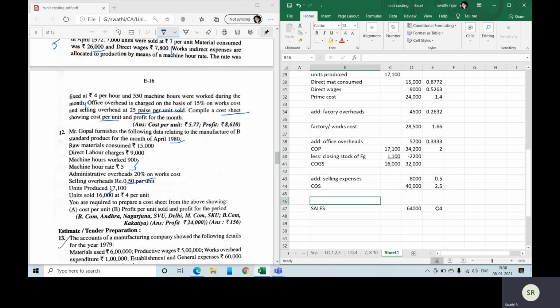And so we will just quickly check what profit is. Profit is obviously the difference, that is 24,000 here. Don't really have to calculate. And this is 1.5, right? Is 1.5. So this is what our answer is.